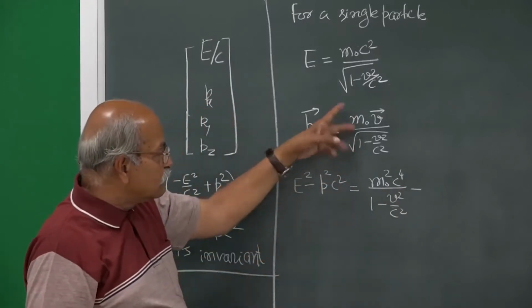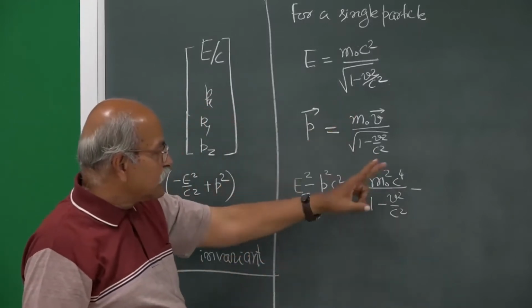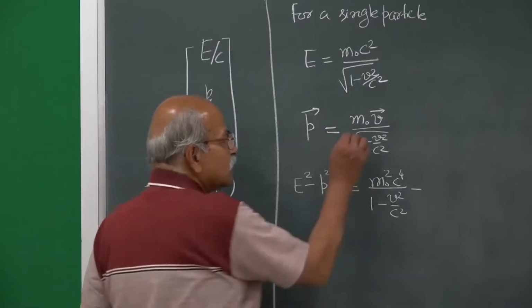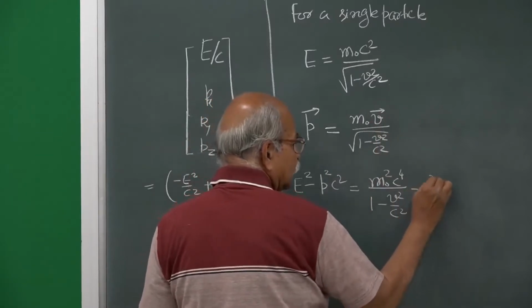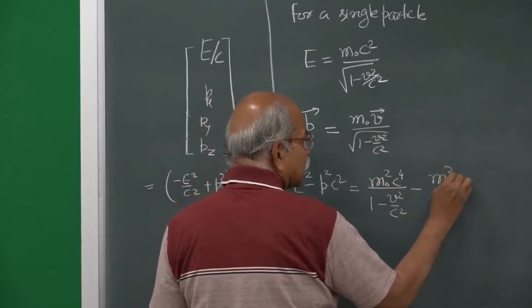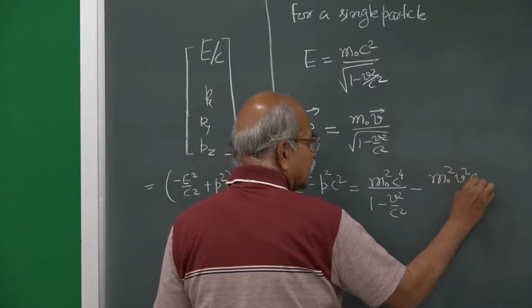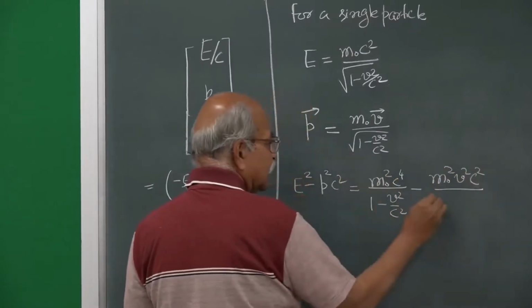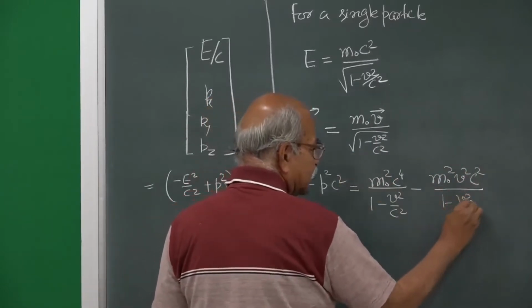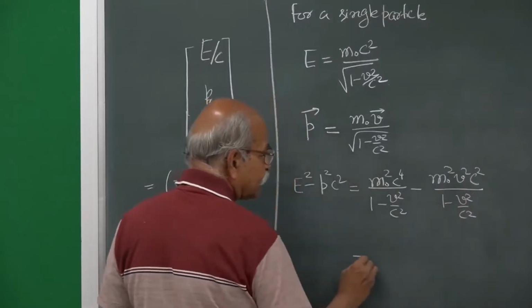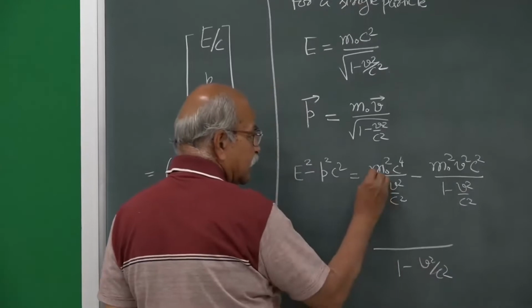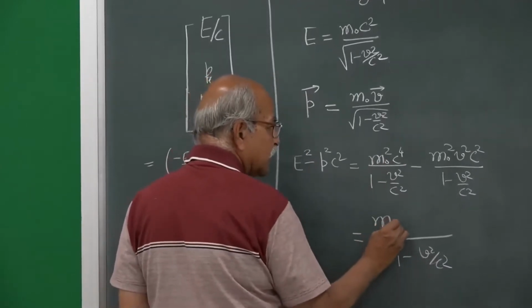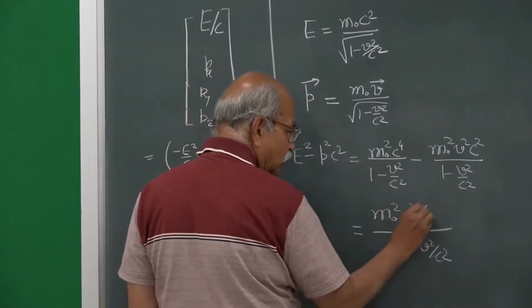So, square this, magnitude square this and multiply by C square. So, it is m naught square V square C square, divided by 1 minus V square by C square. So, you have 1 minus V square by C square here, and then m naught square C square you can take common.